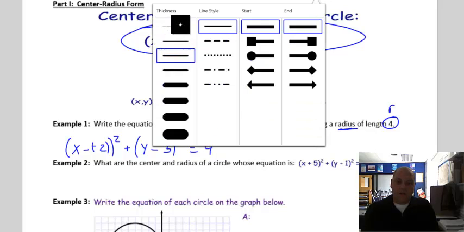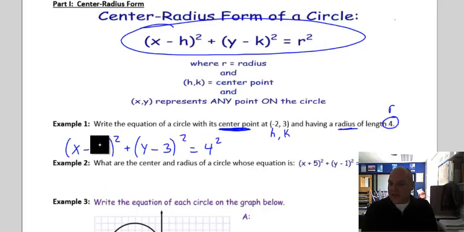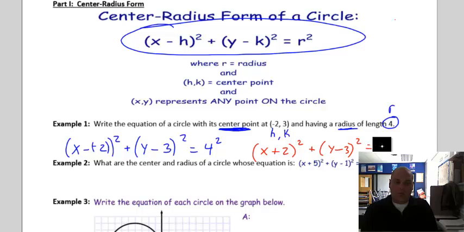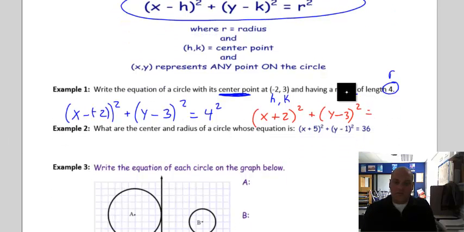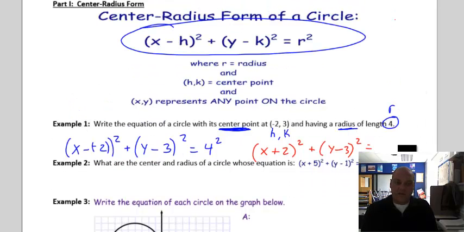We wouldn't want to leave a negative negative. See the double negative there? That turns into x plus 2, squared, plus y minus 3, squared, and that equals 16. 4 squared is 16.